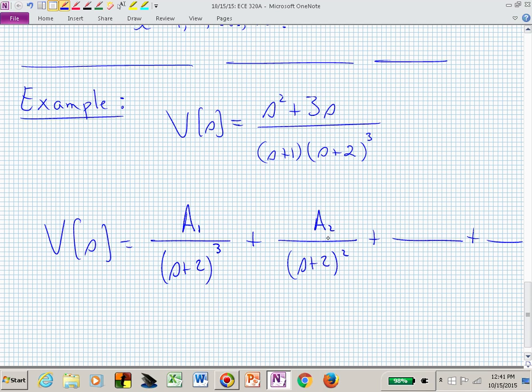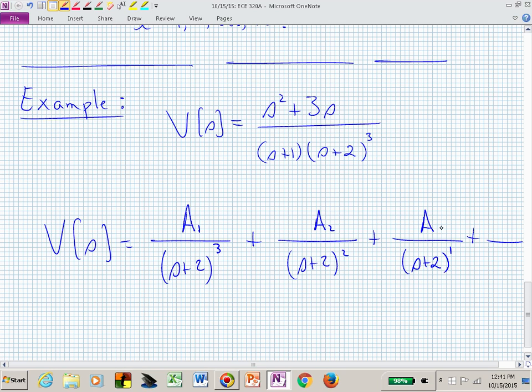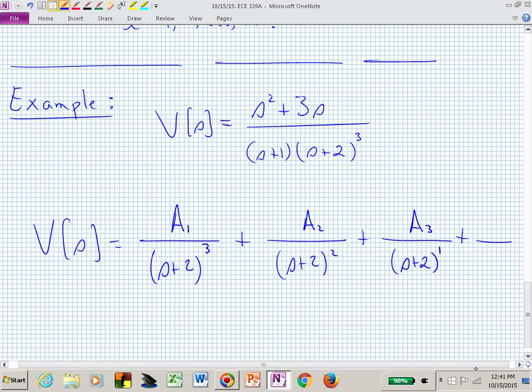Now we need to start decreasing the power on that repeated root factor, and we keep going until we are down to the power of 1. And then we can stop, and now we have a sub 4 over s plus 1. Questions on that?